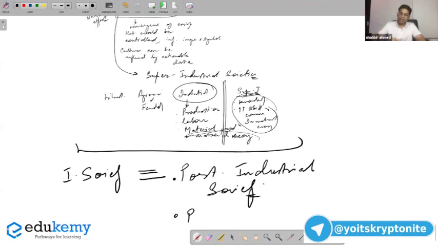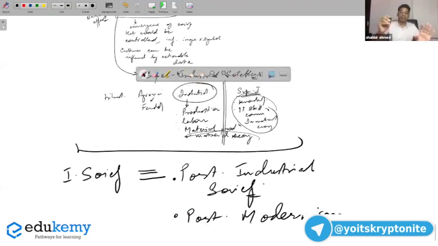There's something called postmodernism. If you know it, good, otherwise forget about it. But just know this idea that postmodernism as a development has almost paralleled the evolution of information society.